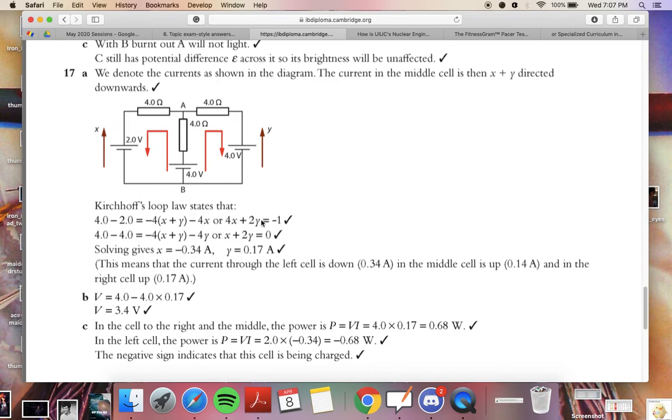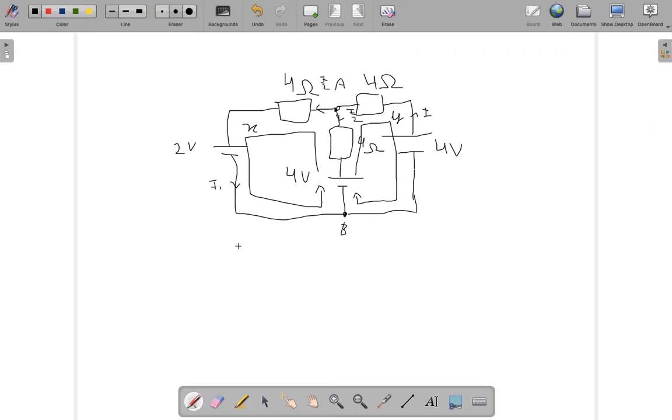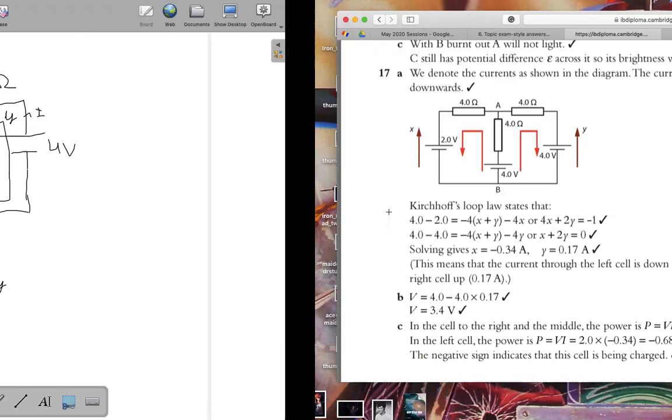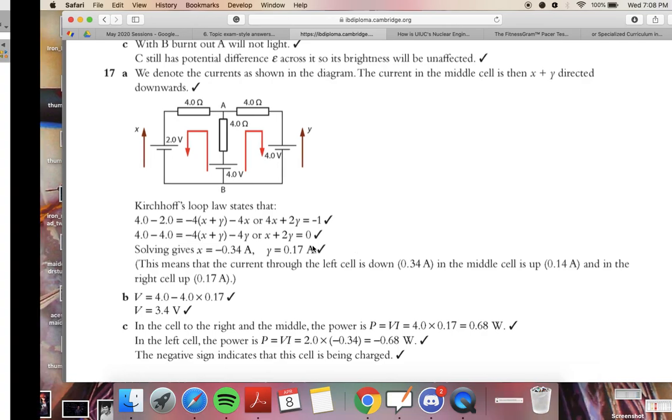They took X and Y. Okay, so we have, let's take this direction first. 4 minus 4 times X plus Y minus 4 times Y minus 4 minus 4.